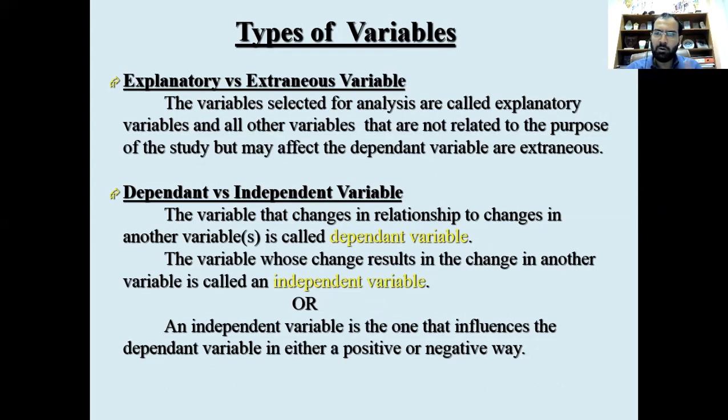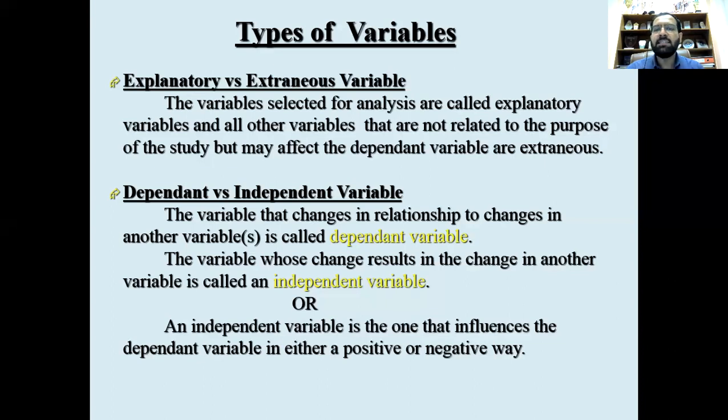You want to have a relationship between two variables. Or what will happen if the temperature rises? What relationship do we have between the temperature and the water level? So we need to know. That is how we look for various variables.